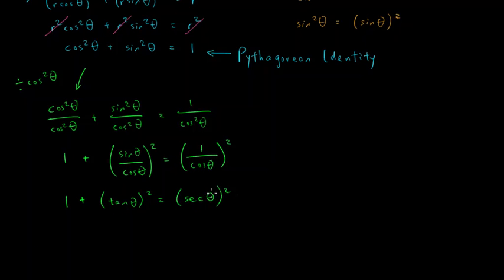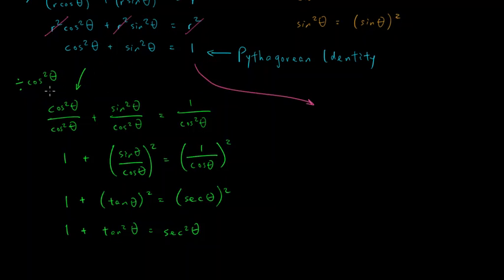So right now we have another identity, and that is 1 plus tan squared theta is equal to secant squared theta. This is considered to be a second Pythagorean identity. I'm going to show you a third Pythagorean identity.